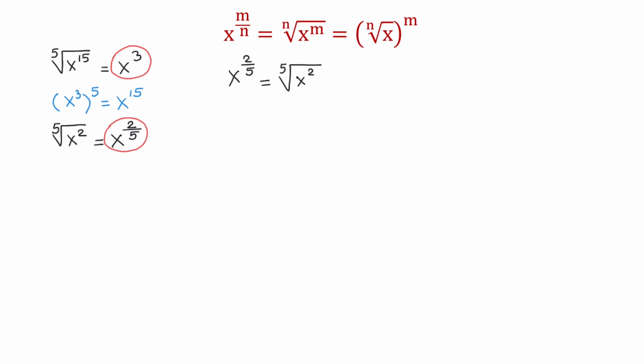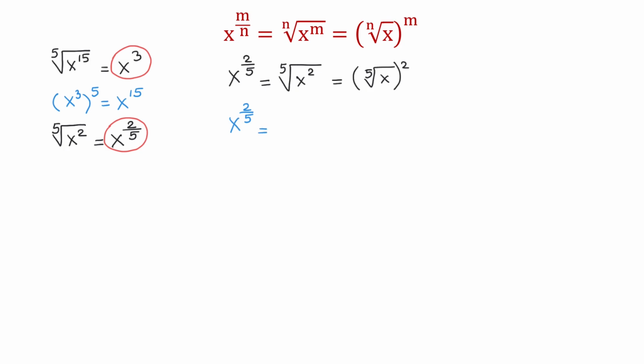Now, according to the definition above, we can also write this expression as the fifth root of x all to the second power. So the exponent 2 can be inside the radical or it can be outside. So why is that? This is because in the expression x to the power of 2 over 5, the fraction 2 over 5 can be written as a product.